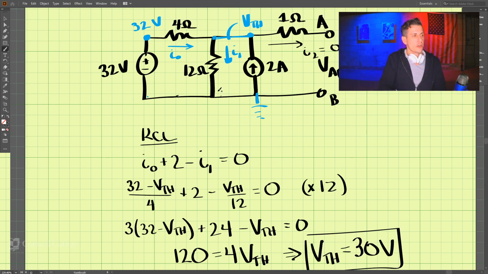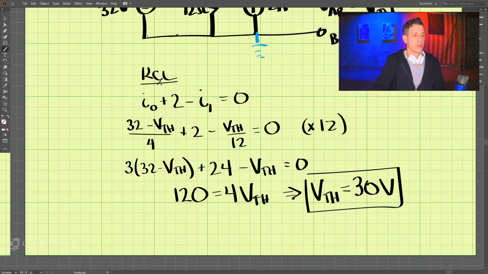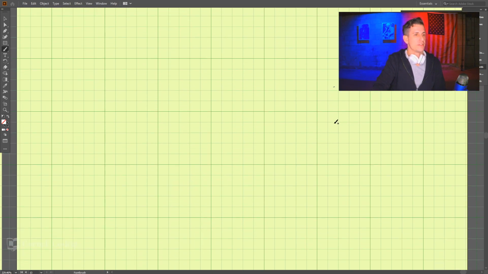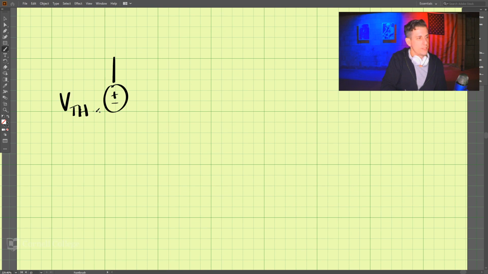So this whole circuit here, we can simplify to a single equivalent circuit. We have our Thevenin voltage, and then a resistance, which is R Thevenin.